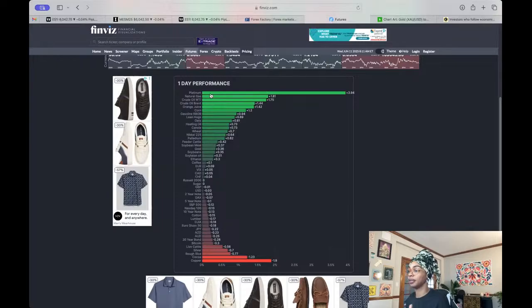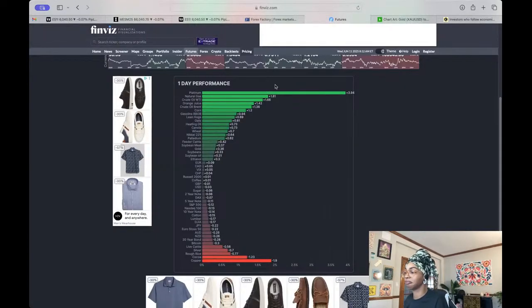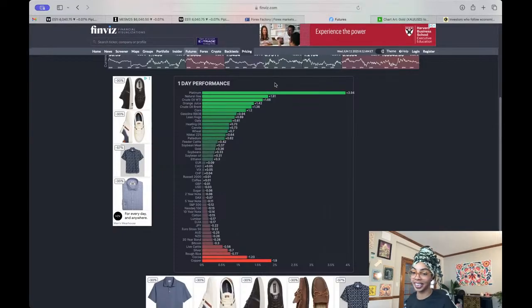So the brighter the green, the higher the percentage in the day's performance. And the lighter the red, that's smaller performance. Darker, it gets into a higher negative number, or a higher positive number in the green. So it's literally just a visual snapshot.